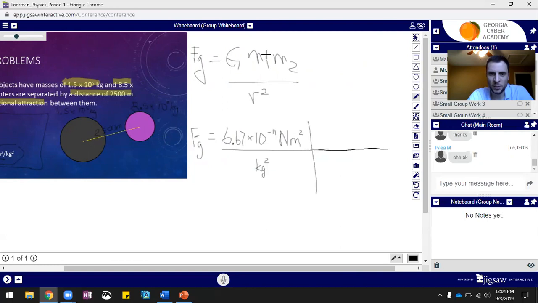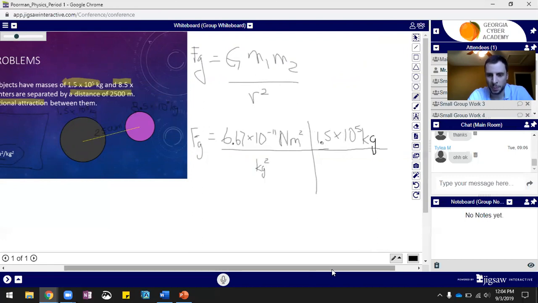What's the next part? Well, the next part we have our mass 1. And our mass 1 is 1.5 times 10 to the 5th kilograms. That's 1.5 times 10 to the 5th kilograms.